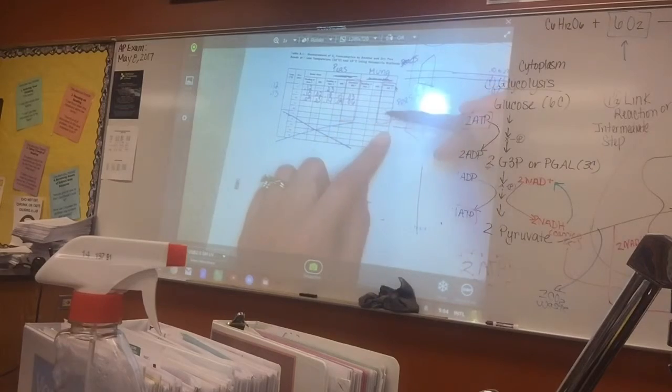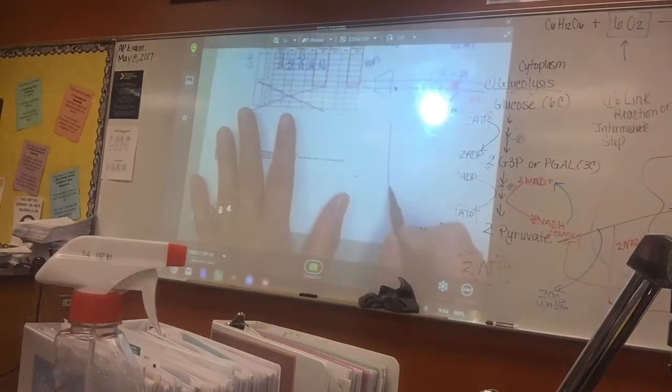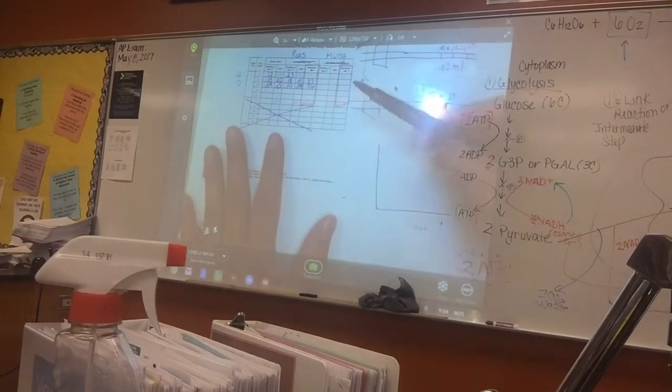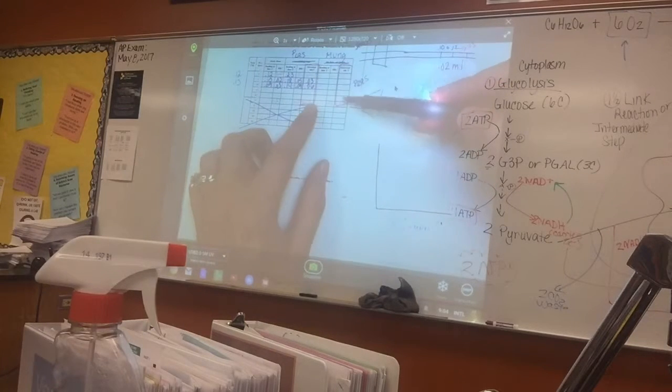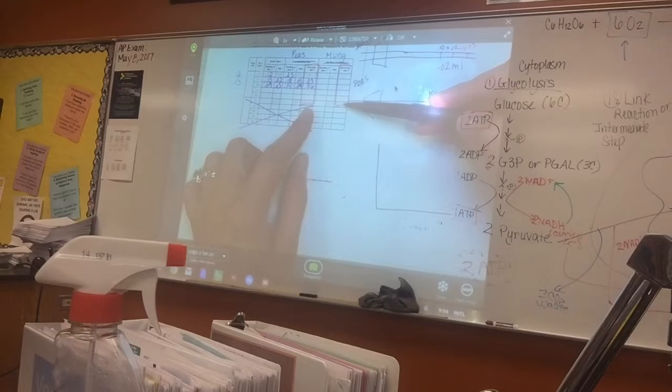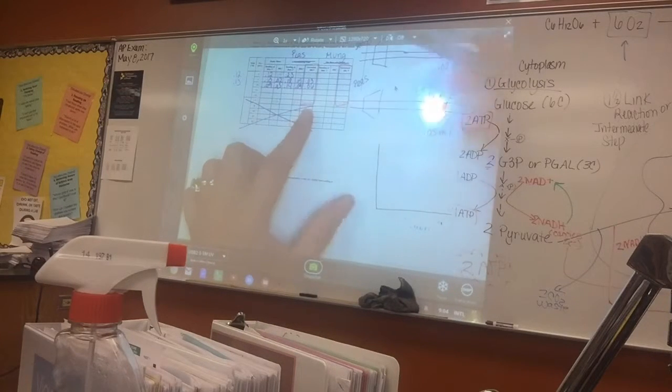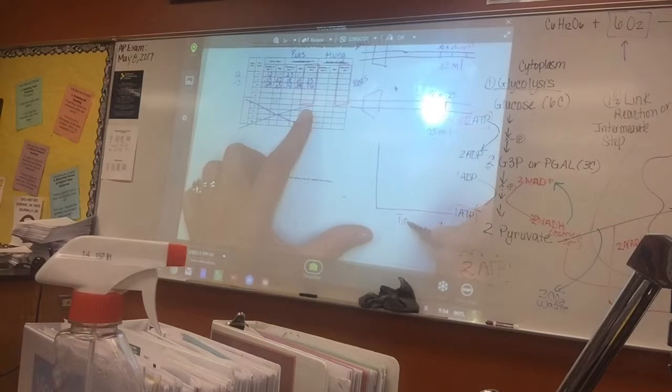These are the two columns that we're going to graph. If we do a graph of our data here, what do you think goes on the x-axis? Time is going to go on the x-axis.